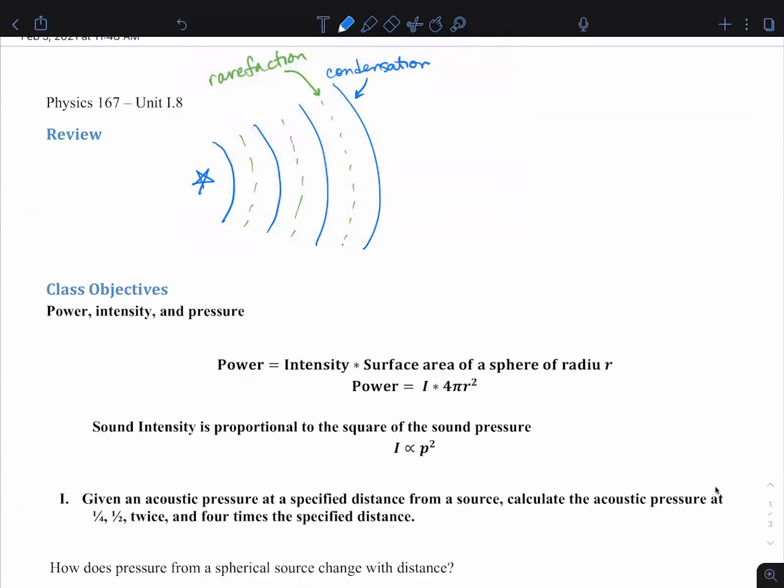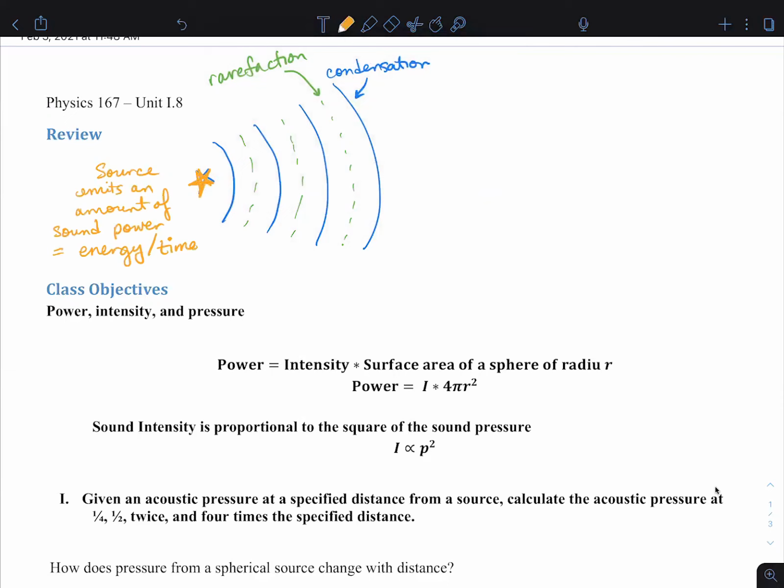Now, the sound source emits a certain amount of sound power, and that is the energy per unit time.